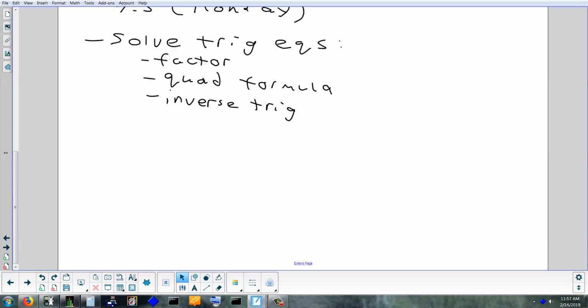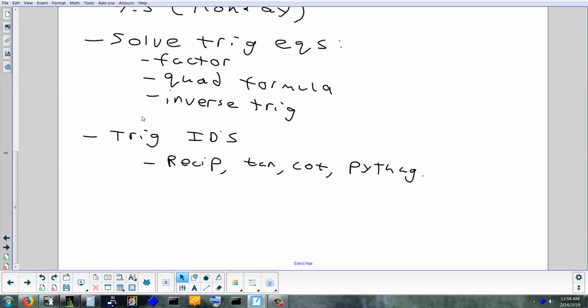Okay, as far as identities, to solve trig equations, sometimes you need to know some identities. You're not going to need to know the half angle. Don't write that. You're not going to need the double angle either. What you're going to need is the sum and difference. I already mentioned those, but you also might need some of the basic ones we did: the reciprocal, the tangent, cotangent, and Pythagorean.